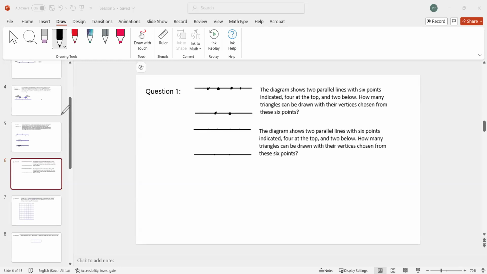So what do we want to do? We want to draw triangles. The vertices must be chosen from this. All right, if you're drawing a triangle, you need to have 3 vertices. Okay, so where are the vertices? You can't have all 3 vertices here because they're all on a straight line, right?